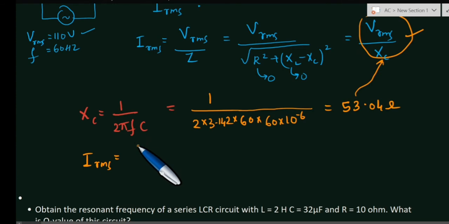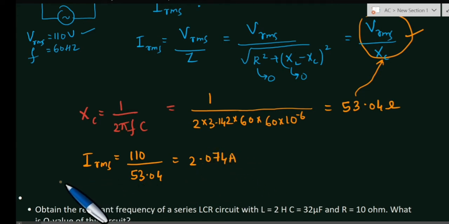So Vrms is 110 volt divided by XC value, just we found it, that is 53.04. This is equal to 2.074 amps, and this is the value of the current in a circuit. Okay, we will see the next question.